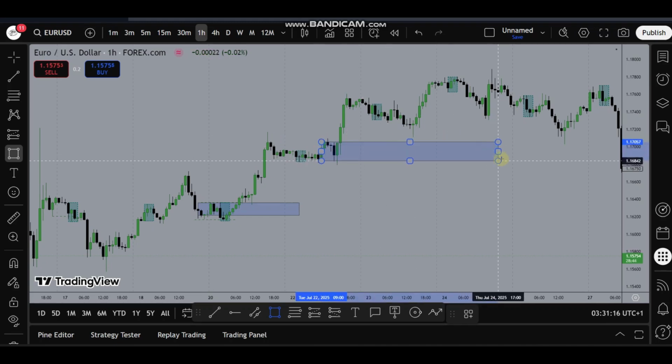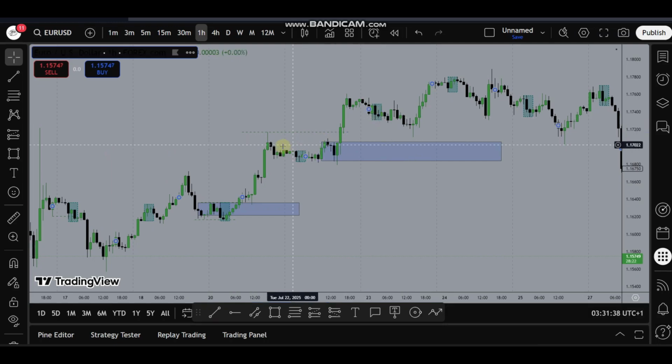So you can see that this is an order block. This is another order block. So you can see a series of directional candles after this break of structure here. After this break of structure here, if you are considering these buying candles, the first opposite candle we have here is this black candle.